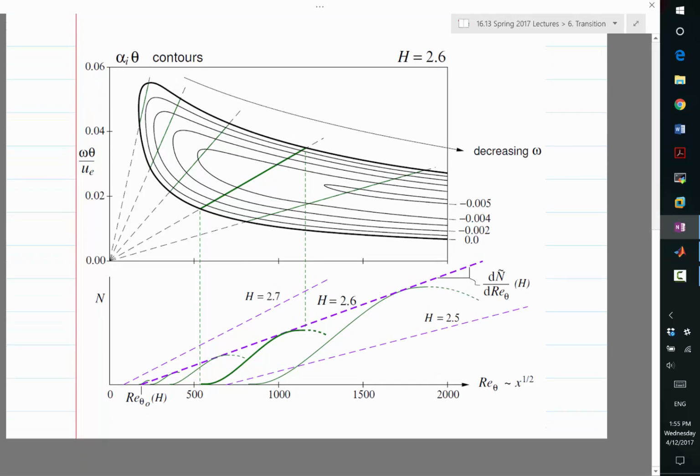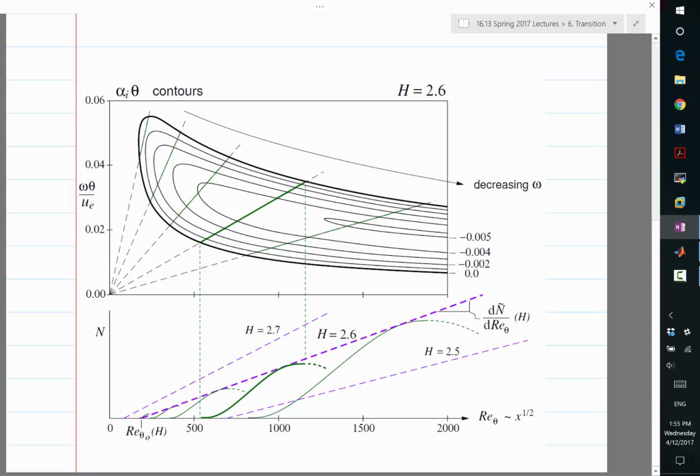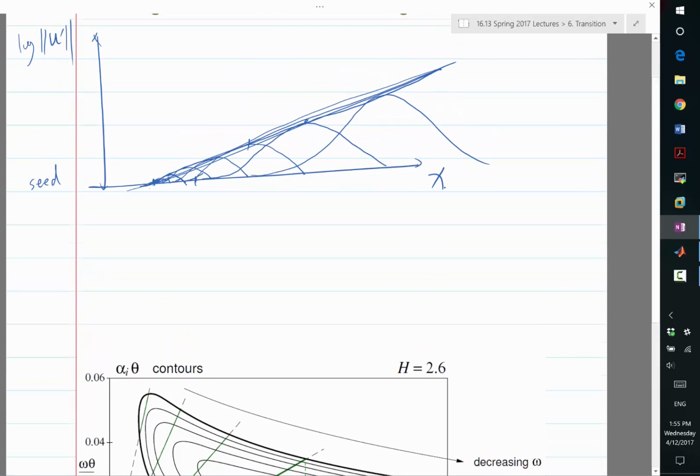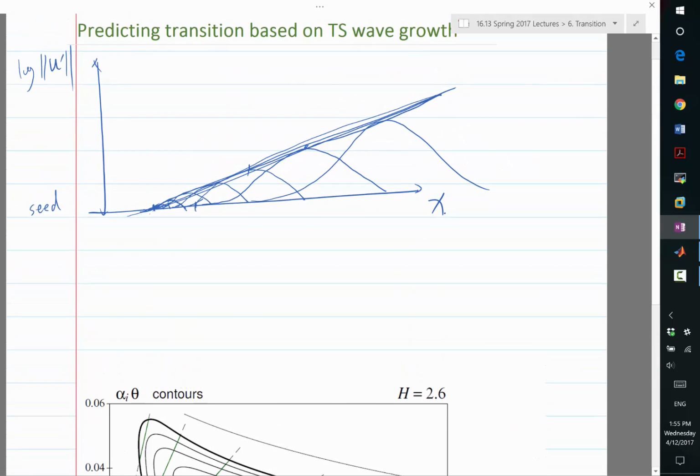So if you look at the rate, this n is basically the log of the disturbance divided by the seed disturbance. So basically in log scale, what is the distance between here and here?